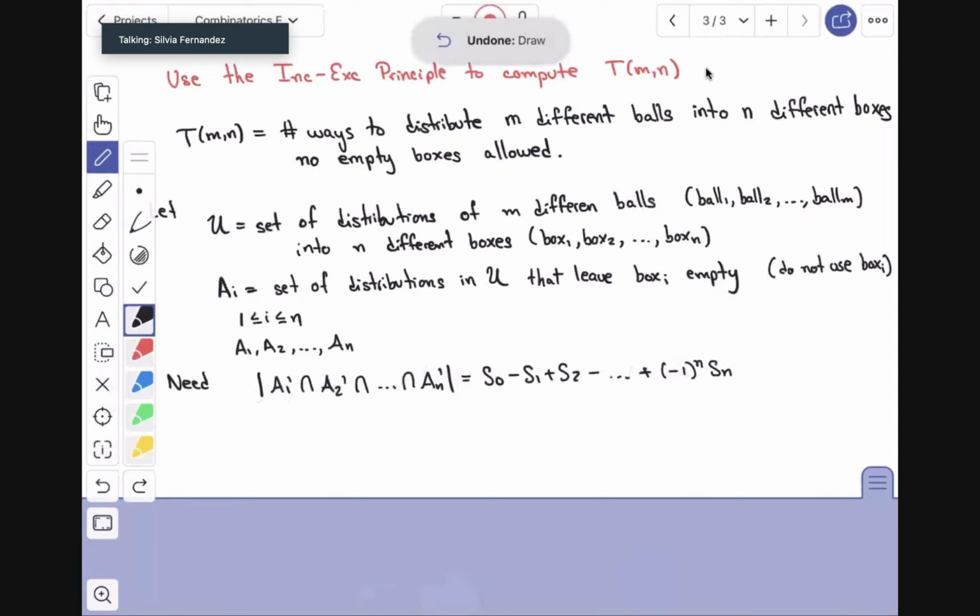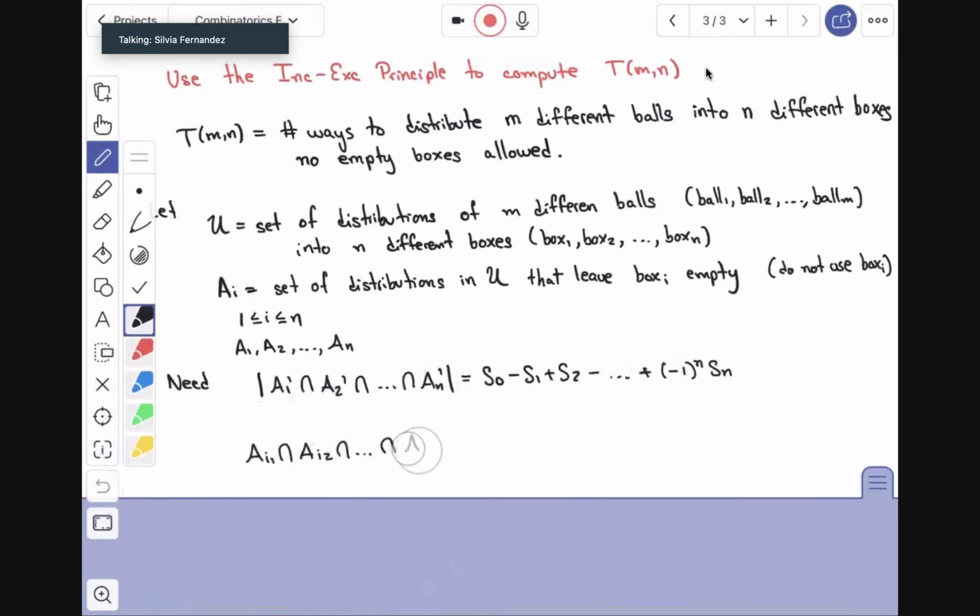Right? And now I just need to compute S0, S1, S2, and so on. So in general, to compute S_k, S_k is made of terms of this form.